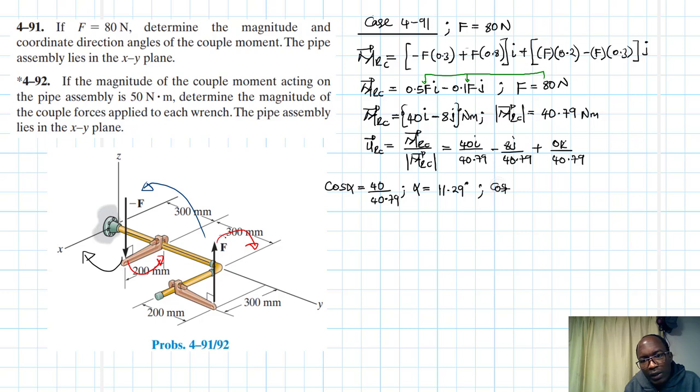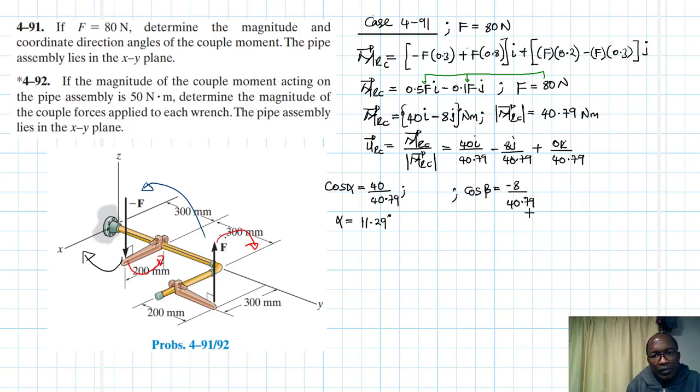Okay, then cos beta is just going to be equal to minus 8 divided by 40.79. Maybe I should be putting this just underneath like so. Yeah, something like that.